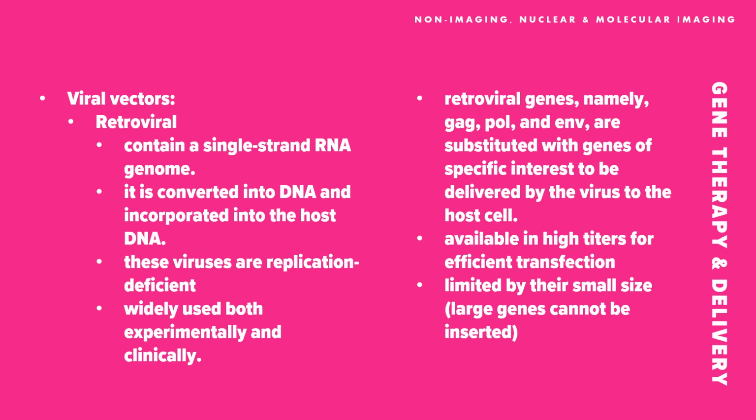However, because retroviral originally contains only a single-strand RNA genome, the capacity to insert other genes is very small. It is limited to small genes, and for large genes you can't use retroviral as a method of delivery. You need to use adenoviral instead to deliver large genes into the host cells or tissues.